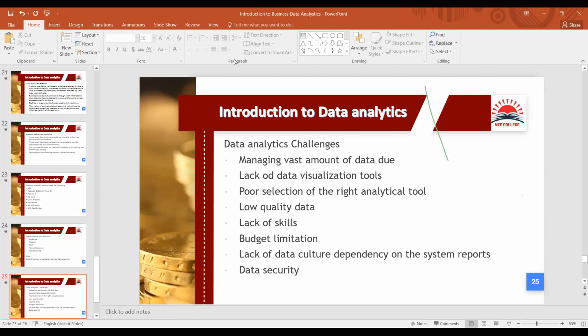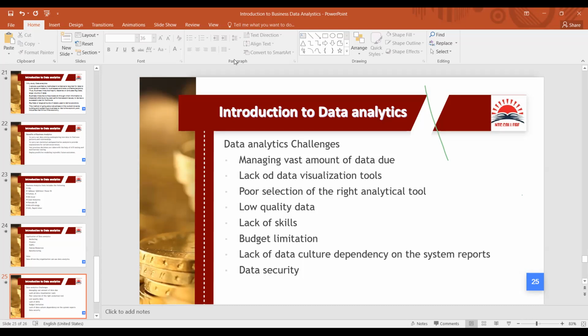Then there's also the issue of budget limitation. Remember, all these things cannot be done free of charge, but require a budget to be set. And probably some institutions may not be able to get the budget or the funds to undertake this process of collecting, organizing, analysis, cleaning, and coming up with the end results.